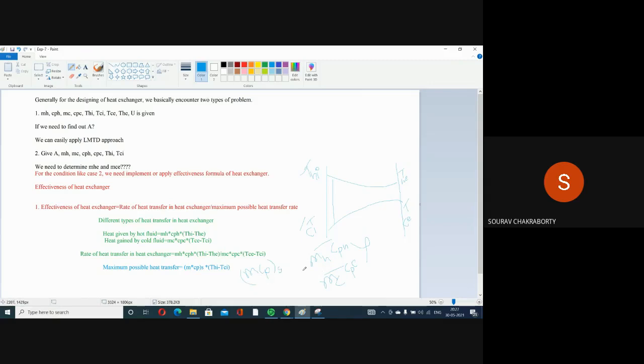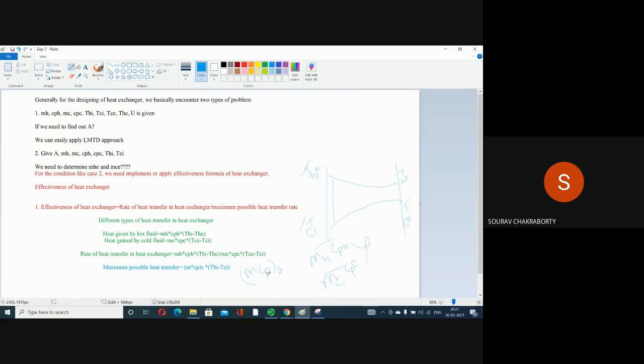The product of mass flow rate and specific heat is also known as capacity rate. So this is the smallest capacity rate.